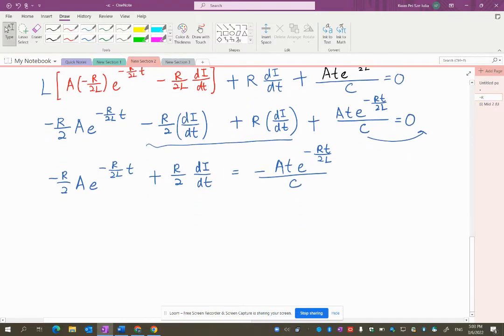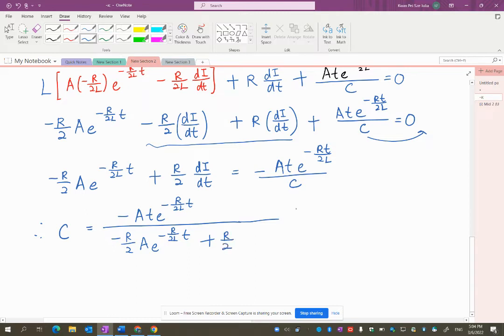Okay, so I'm going to now make C the subject because I need to find C in terms of L and R. Okay, at this point in time, I can sub in.